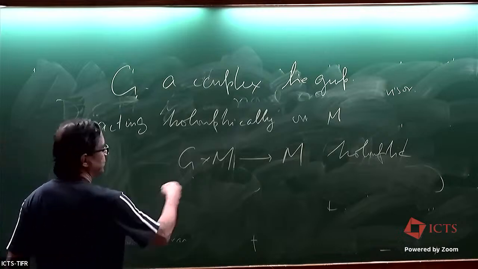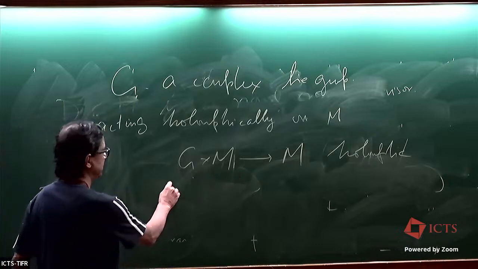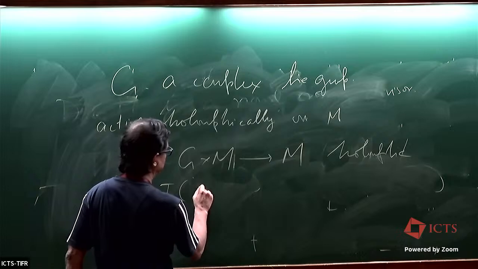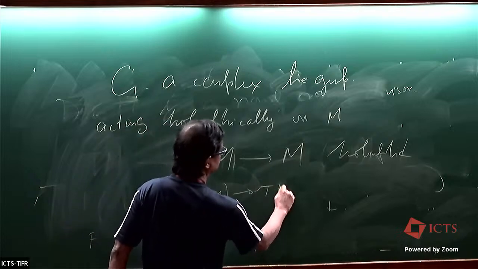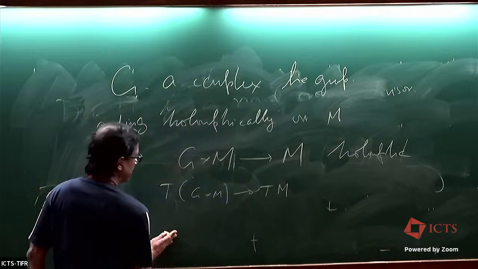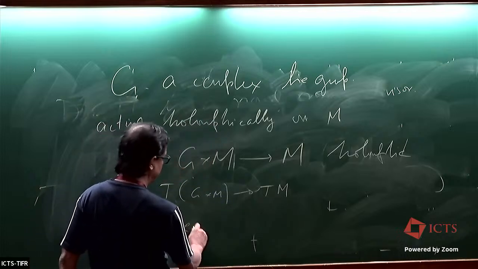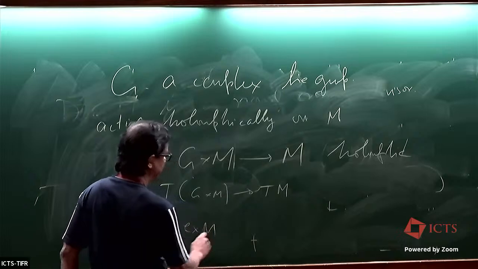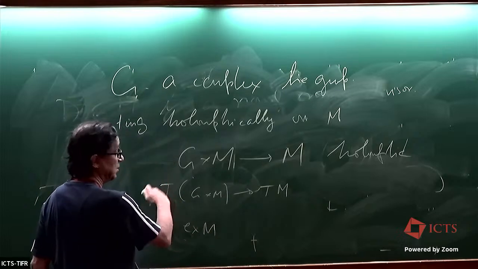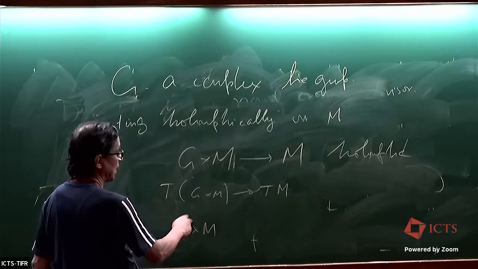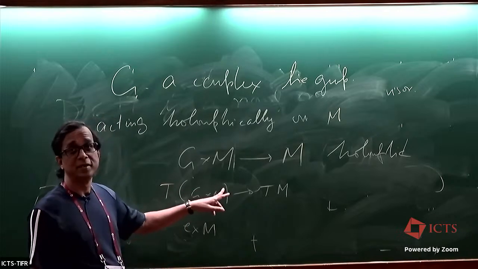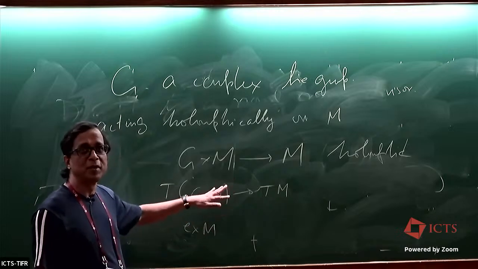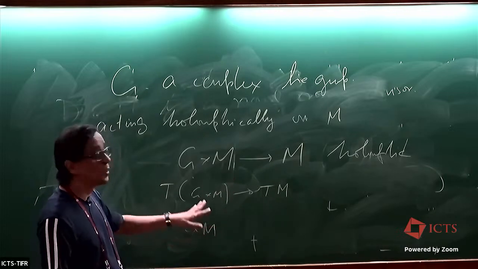Now we have the tangent space level map: tangent bundle of G cross M to tangent bundle of M. G cross M contains identity cross M. You can restrict this tangent bundle to that. The product splits into tangent bundle of G and tangent bundle of M. You throw away the tangent bundle of M and only take the tangent bundle of G.